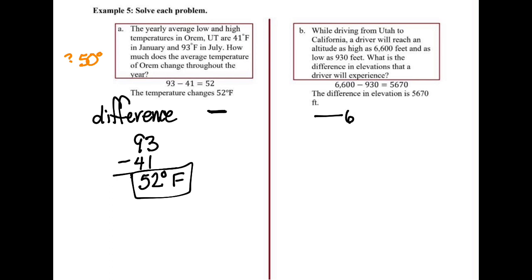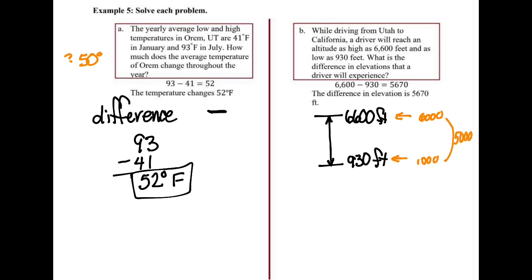So if the highest elevation is 6,600 feet and the lowest elevation is 930 feet, this is part of my understanding the problem. I want to figure out how far it is in between those, right? Okay, so quick estimate. This is going on 7,000, and this is going on 1,000. So our answer should be around 5,000, because that's the difference, right?